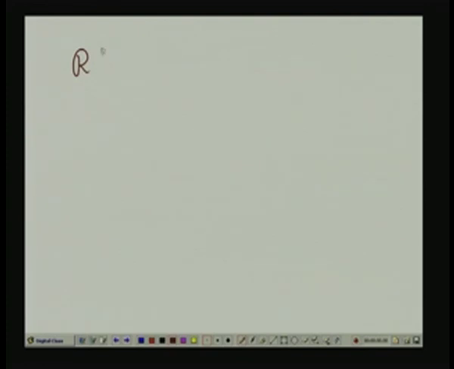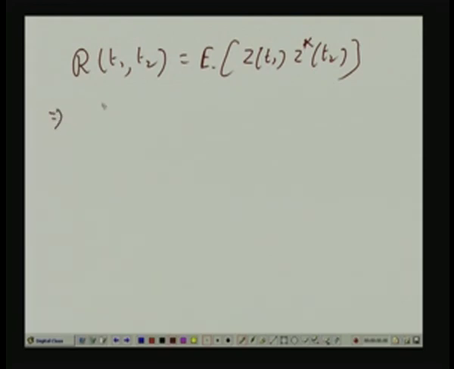In general, suppose R(t1, t2) for a complex process Z is given, then this is called a positive definite function.